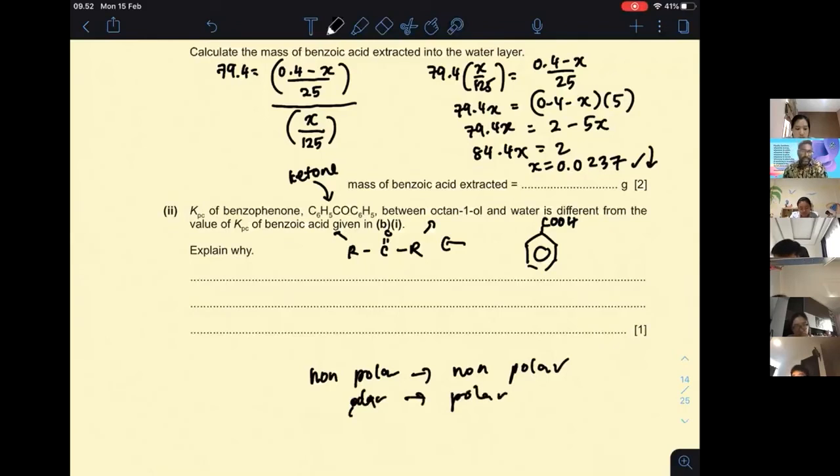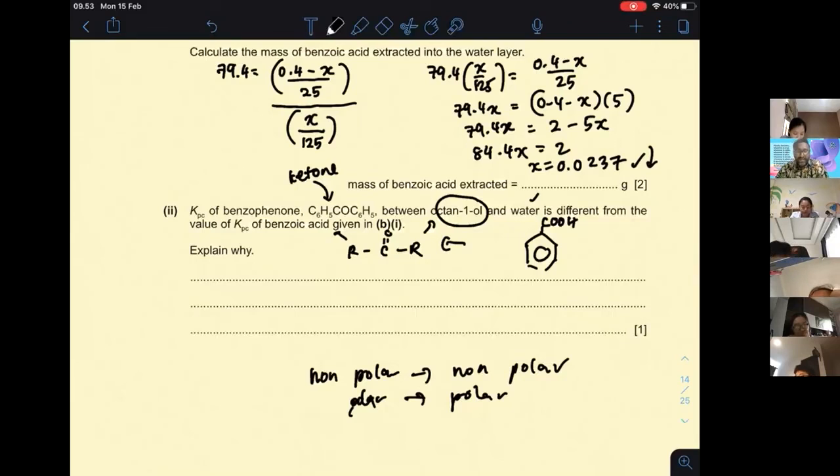So now we are trying to mix them with octan-1-ol. I know that water is polar. Octan-1-ol is an 8 carbon alcohol. Alcohols generally are polar, but as the number of carbon increases, the substance becomes less polar.